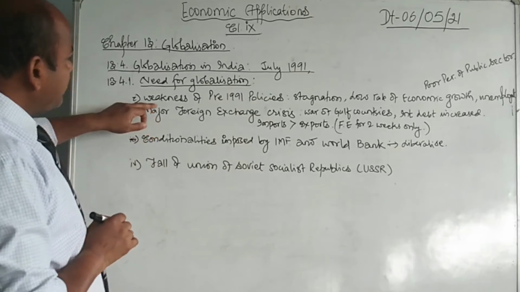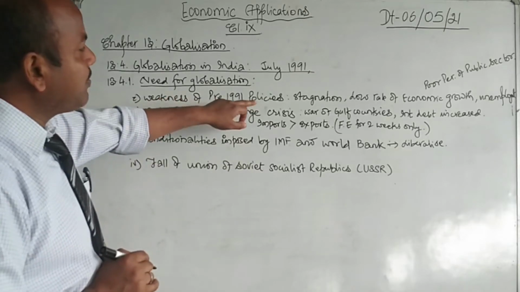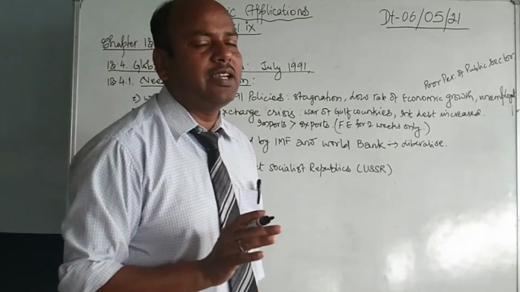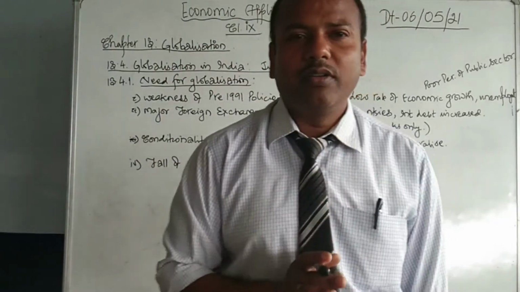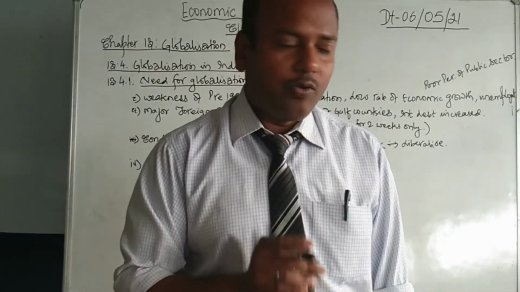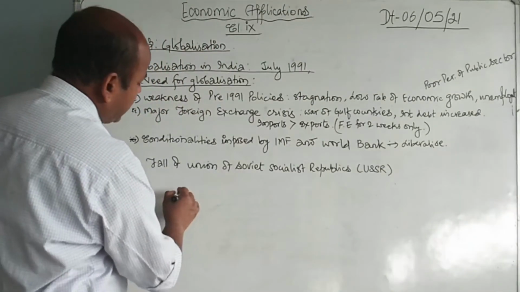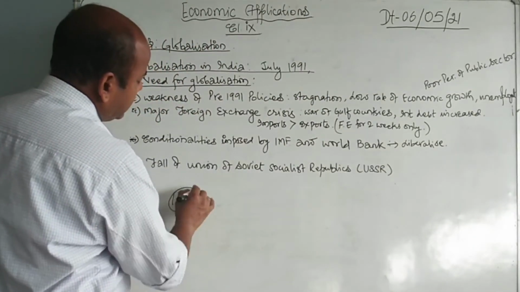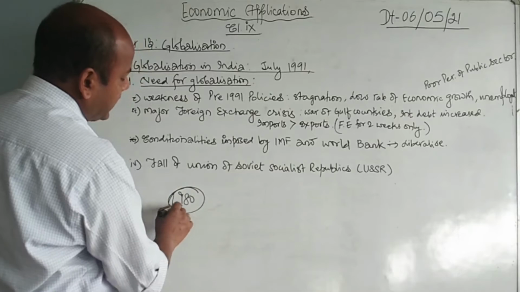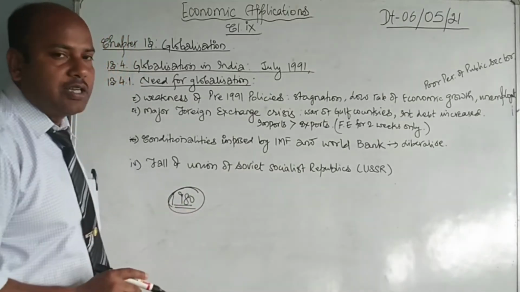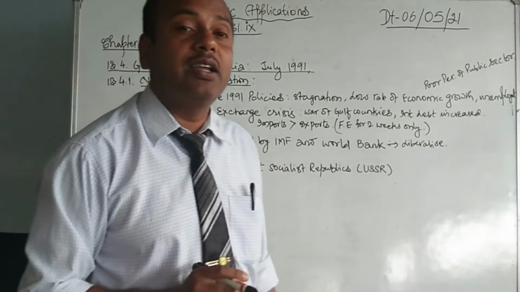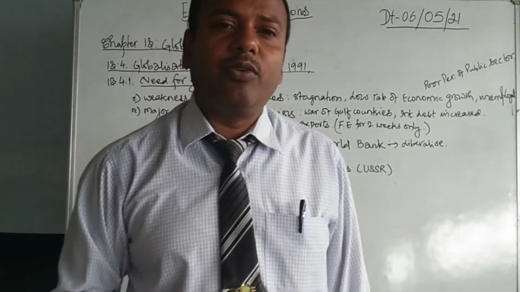The first reason is the weakness of pre-1991 policies. What happened in 1991 and before, in the previous decade? Let's learn what happened in 1980. The policy that was made by the government in 1980 was a faulty one, as it proved later.